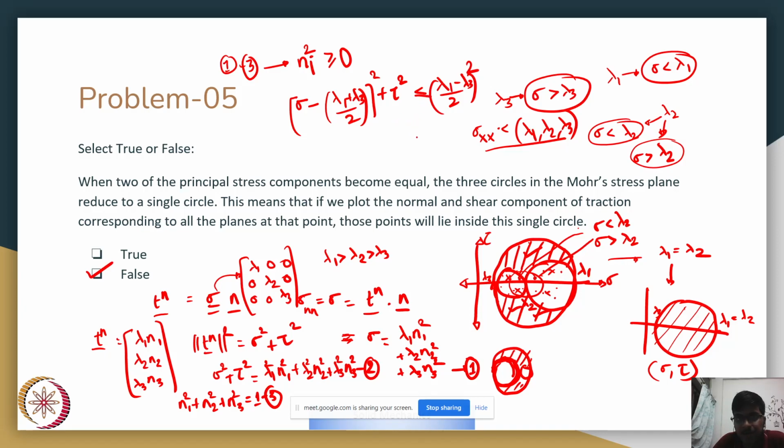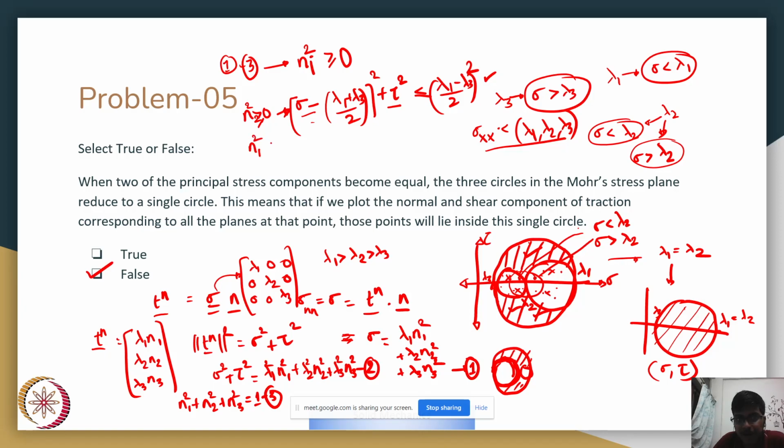So this is saying that your sigma and tau must lie in a circle of center (lambda 1 plus lambda 3)/2 and radius (lambda 1 minus lambda 3)/2. I think this equation comes from n2 square greater or equal to 0.